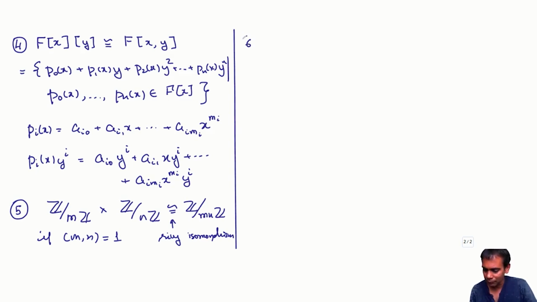And a last example, just take Z[x] to (Z mod nZ)[x]. Polynomials with integer coefficients to polynomials whose coefficients are integers mod n.